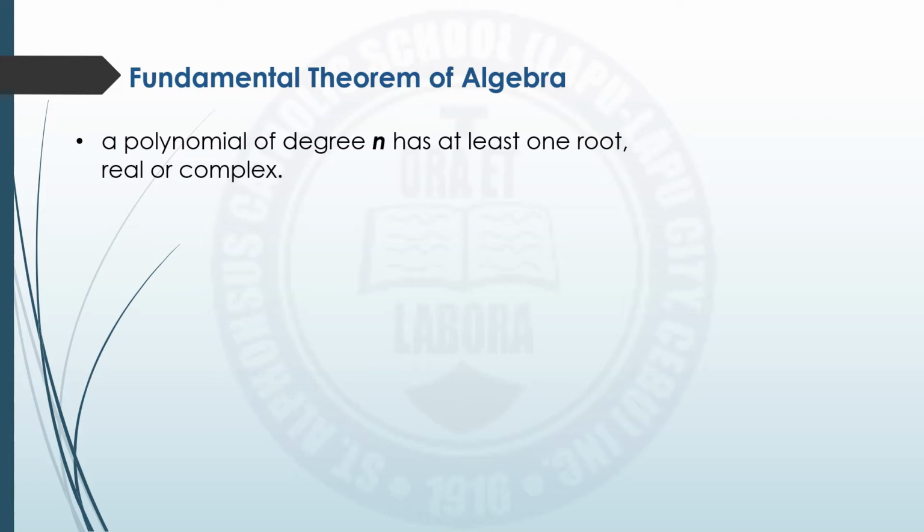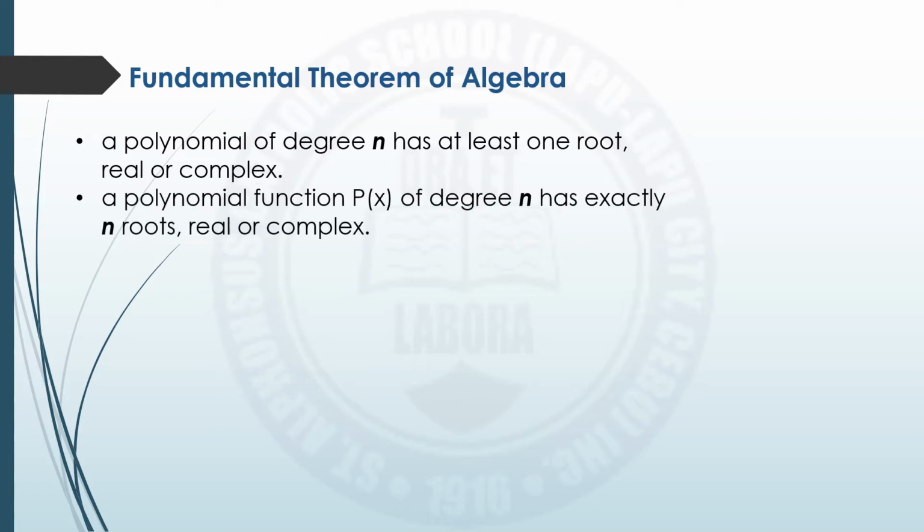The statement leads to a conclusion that a polynomial function, or p of x, of degree n has exactly n roots, real or complex, meaning if the degree is 3, then the polynomial equation has exactly 3 roots and they have to be real or complex numbers.